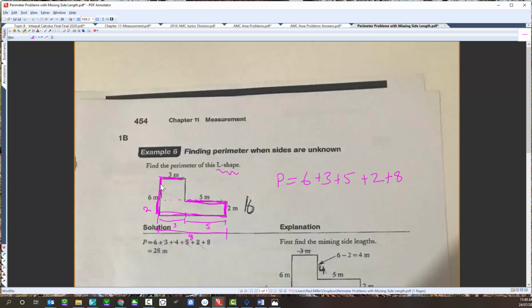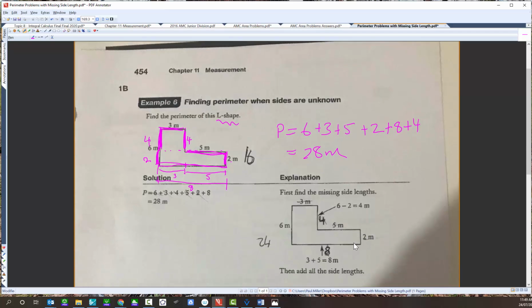This bit here will be the same as this length here, which I know that from 2 to get to 6, it must be 4. So I know that this length here has to be 4 because 4 and 2 will equal 6, the opposite side length. So I'm going to add 4 to it as well, highlight that, and calculate my perimeter, which is 9, 14, 16, 24, 28 meters.